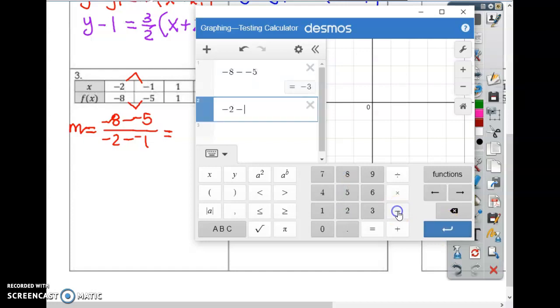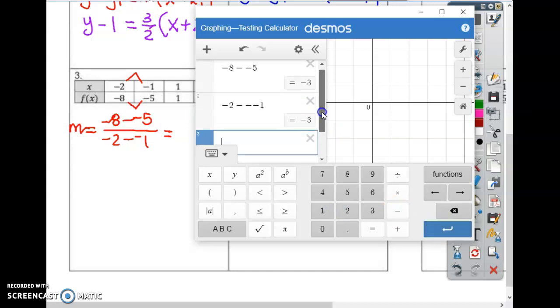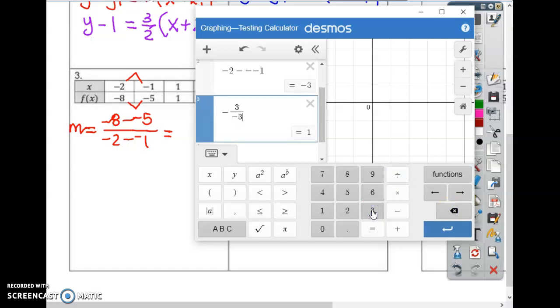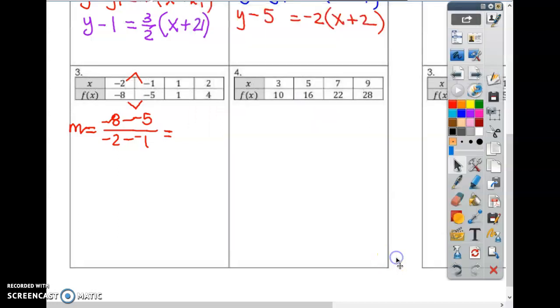Negative 2 minus negative 1, enter. And divide my y and my x. So that's negative 3 divided by negative 3. Gives you a positive 1, so my slope is 1.